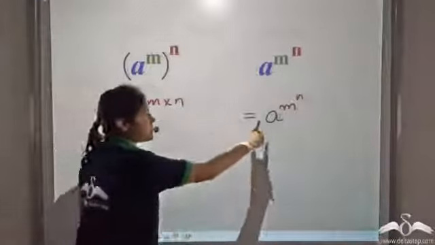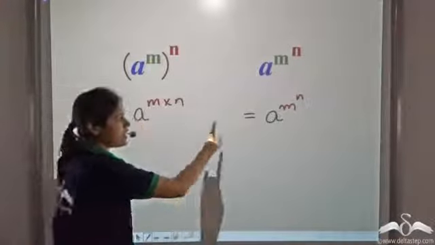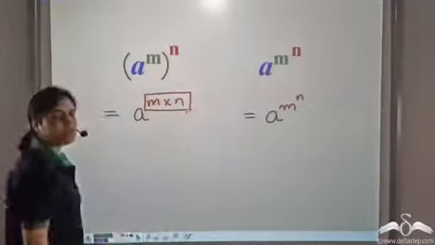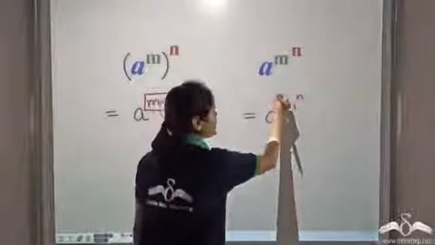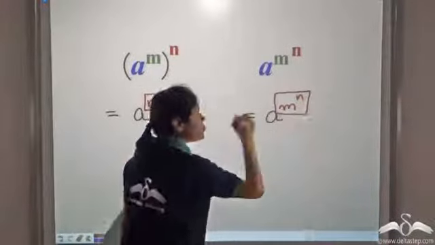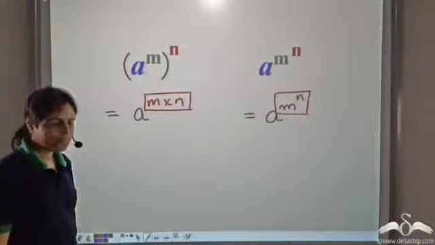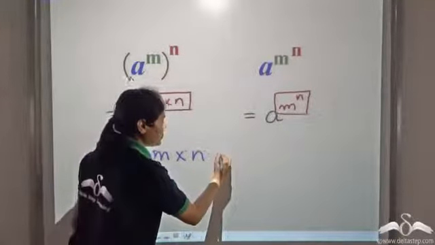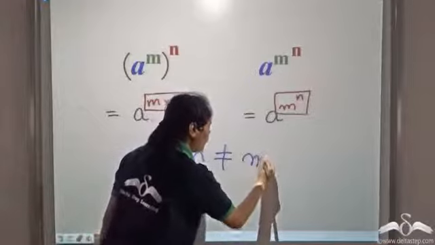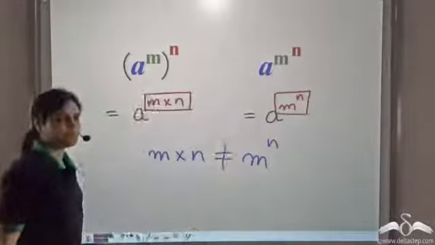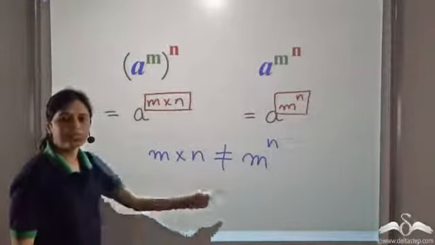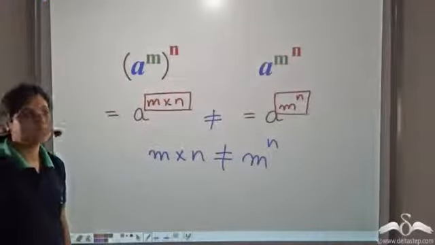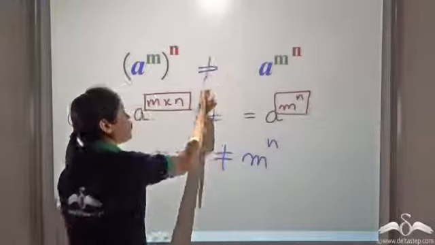So base is the same in both the cases, which is a, but exponent here is m into n, and in this case exponent is m to the power n. m into n is not equal to m to the power n. These two are not equal. This means that these two are not equal and these two are not equal.